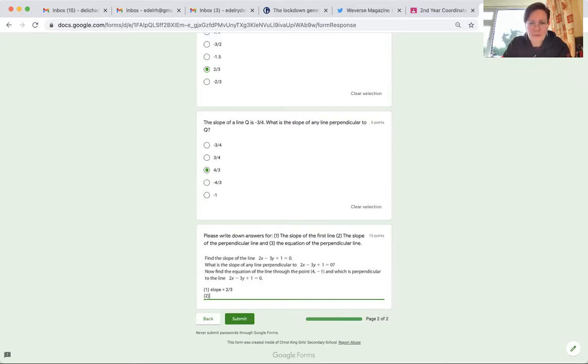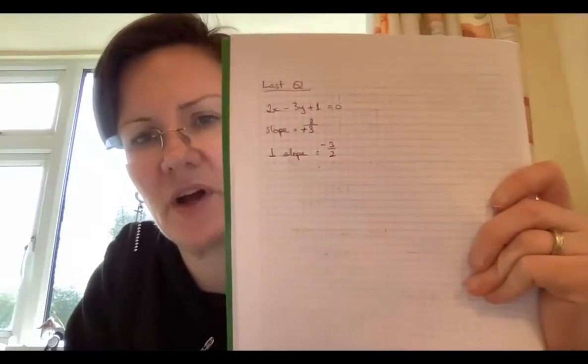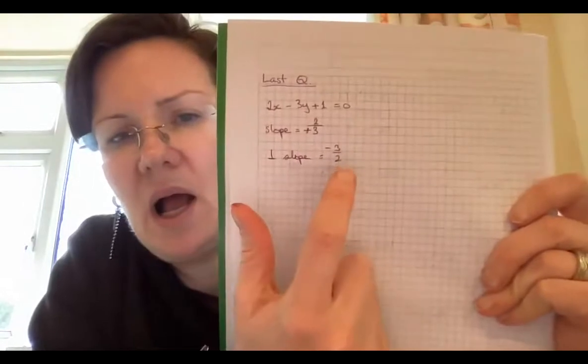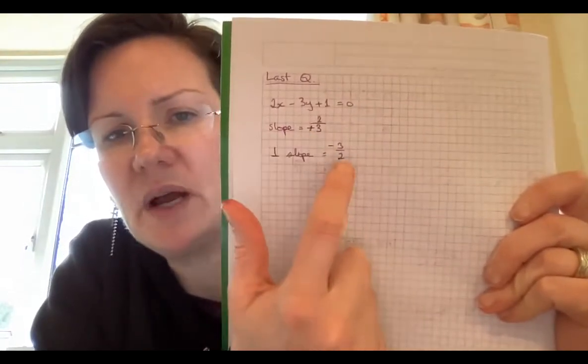Part 2 then, what is the slope of any line perpendicular? So perpendicular slope, we turn it upside down and change the sign. And remember, I've said before, when I put a minus, I'm going to always put the minus on the top. So I turn it upside down, 3 over 2, and I change the sign.